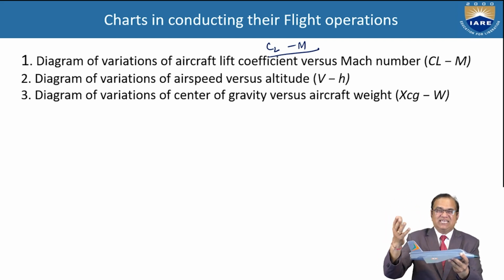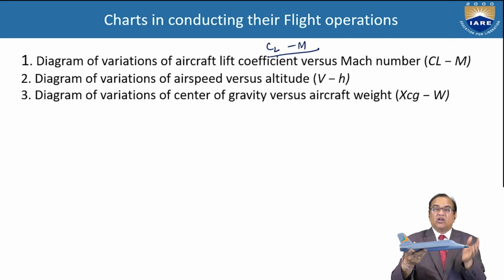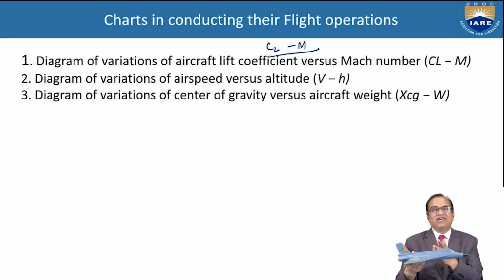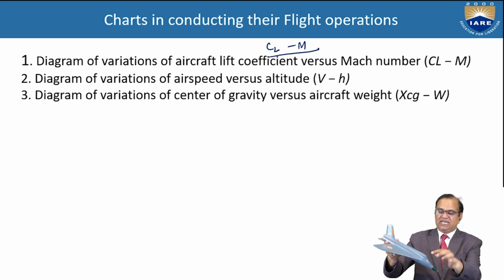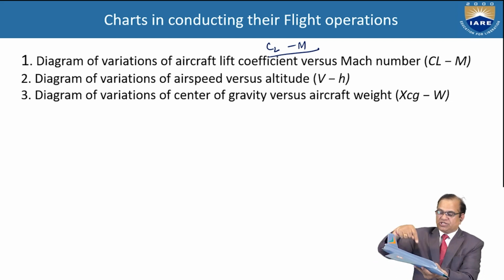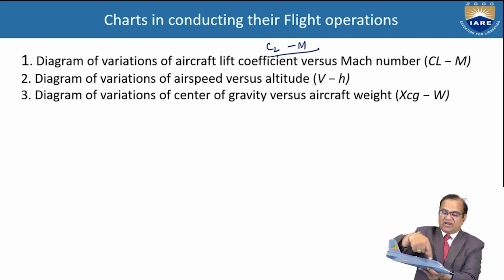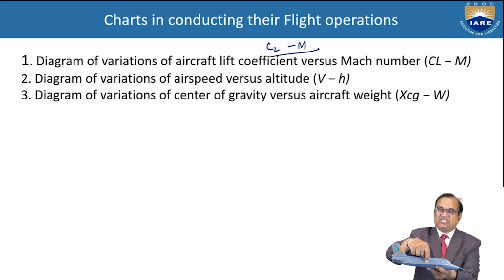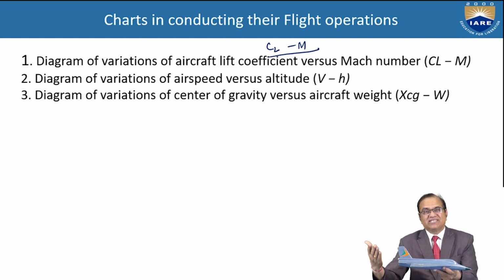Here XCG indicates the location of the CG with respect to the leading edge of the wing. So if you see, this is the leading edge. Suppose here is your center of gravity. This distance from the leading edge of the wing to this point is called XCG.